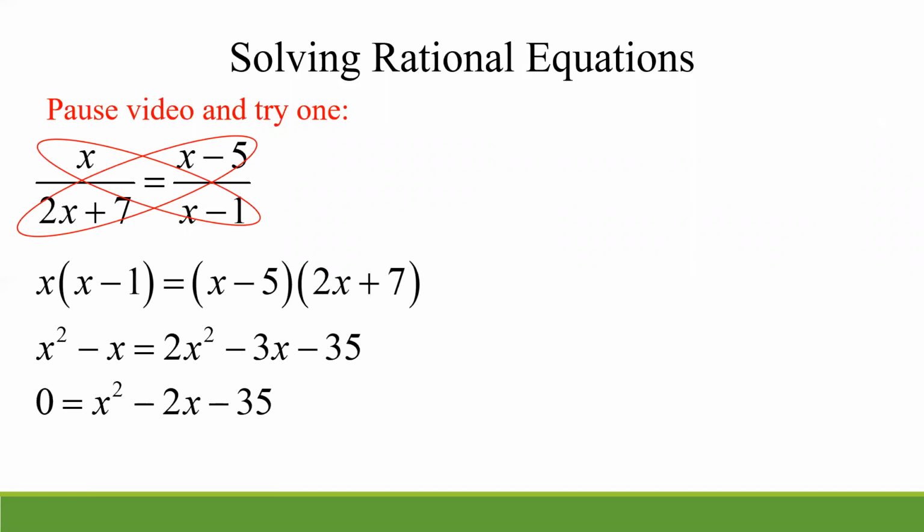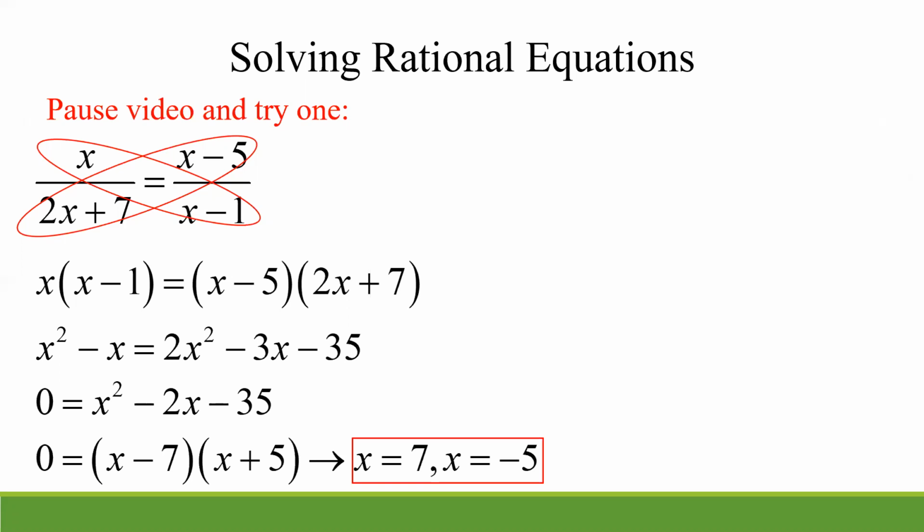And alarm bells and sirens should be going off in your head right now. You're like, oh yeah, I know how to factor that. So when we factor that, that comes out to be x minus 7 times x plus 5. And of course, when we solve both of those things, x equals positive 7, x equals negative 5.